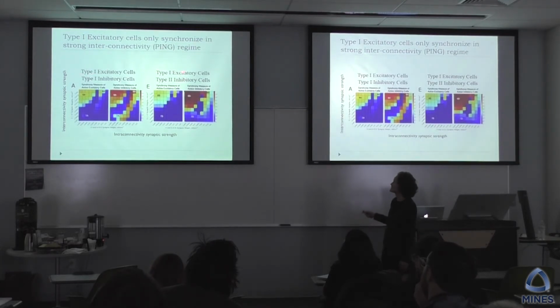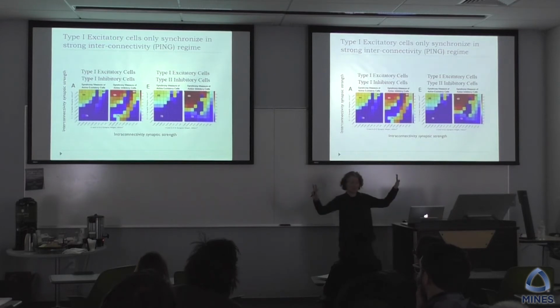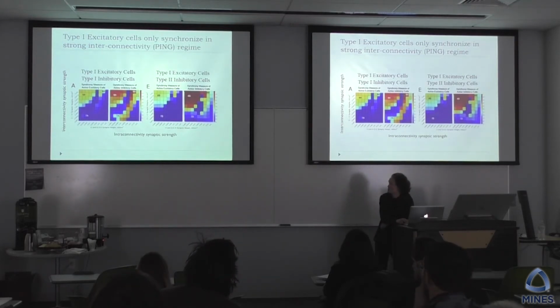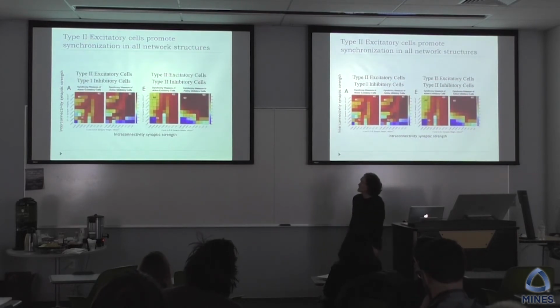What we can see is that when the excitatory cells are type 1, no matter what the inhibitory cells are, synchrony only happens in this upper right corner, the PING regime, where we can say it's really network structure that's dictating synchronization. In all the other regions of the network, with different network structures, the type 1 cells wouldn't synchronize. In contrast, when the excitatory cells were type 2, we got red hot colors basically across all the network parameter regimes, meaning we get this synchronization of the cells, in a lot of the areas due to the cellular properties.